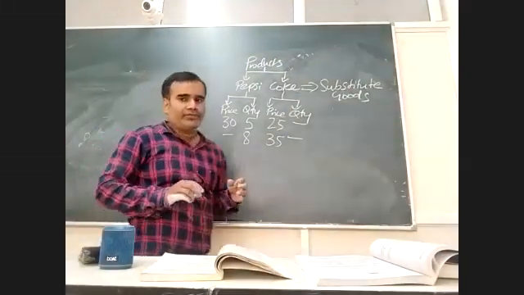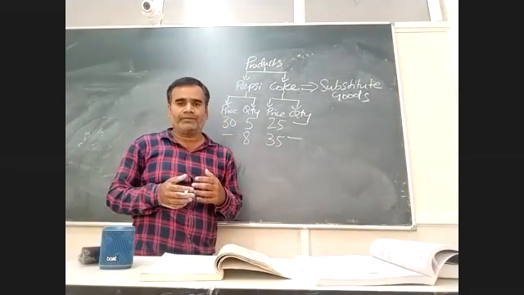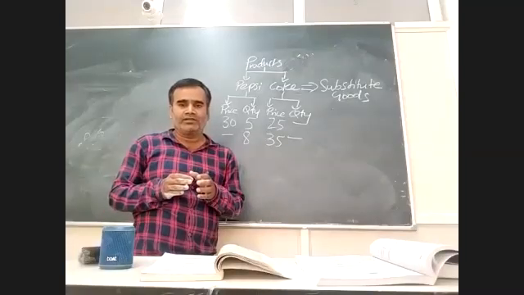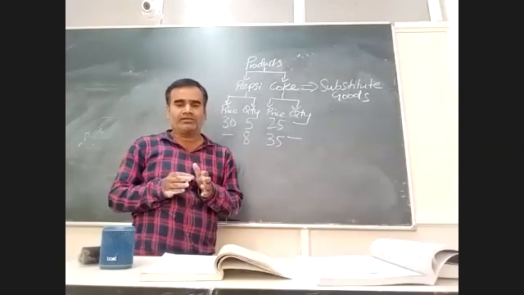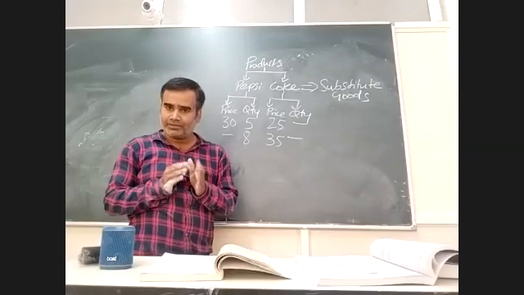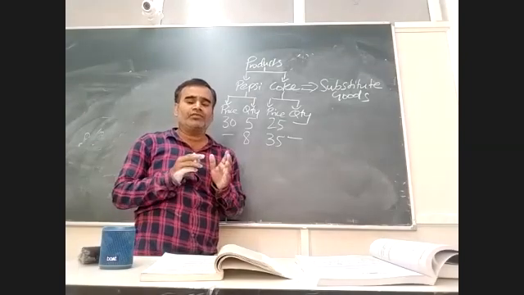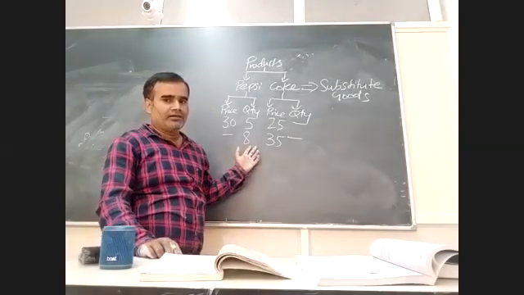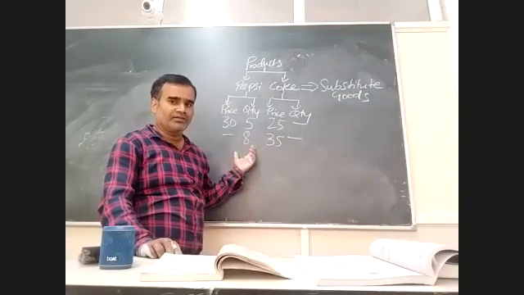See friends, every time we have a problem on cross elasticity of demand, we have to see if the two products given in the question are complementary goods or substitute goods. In both cases, the price of one will change and the demand for the other will change.